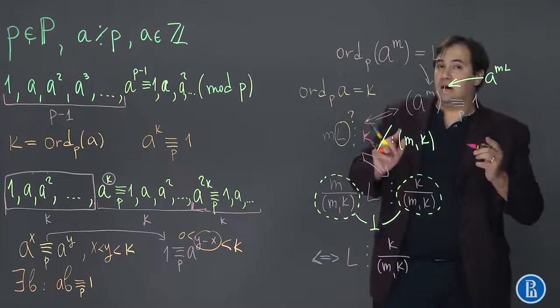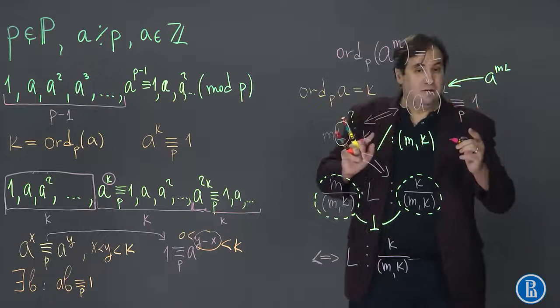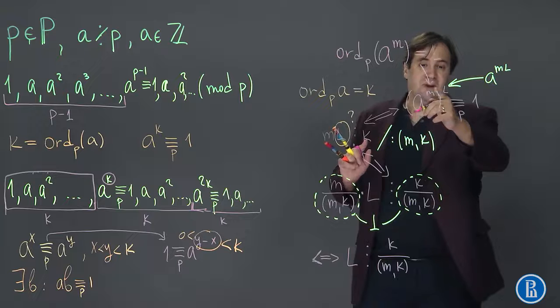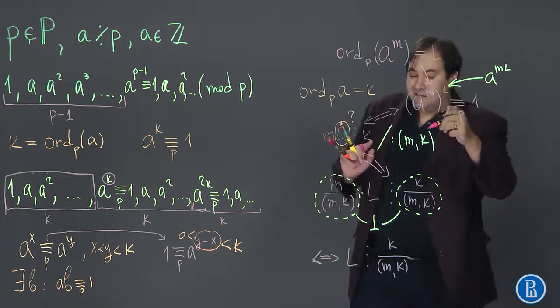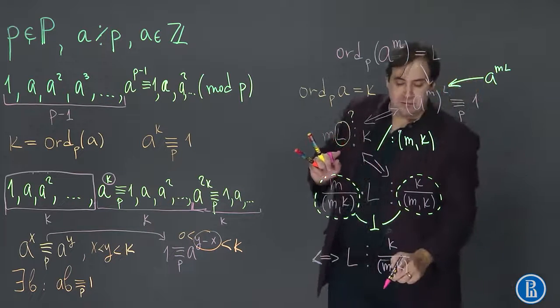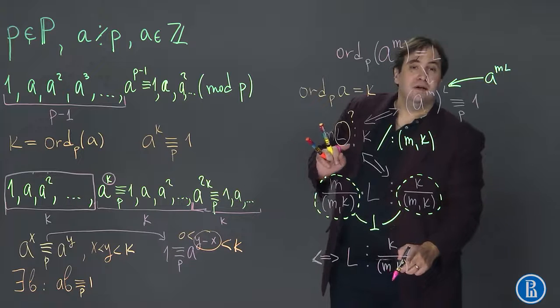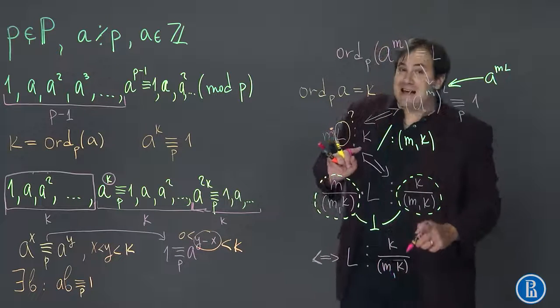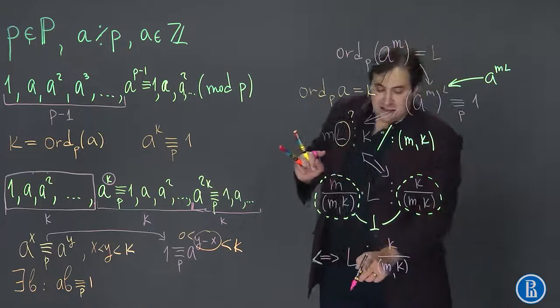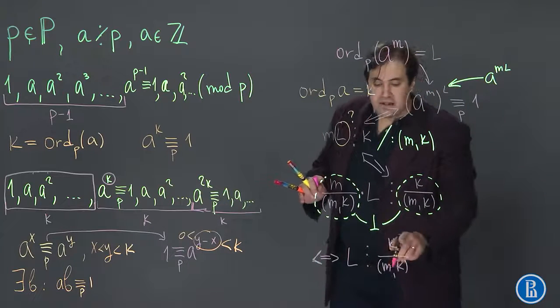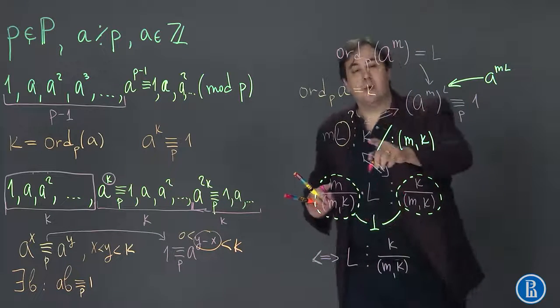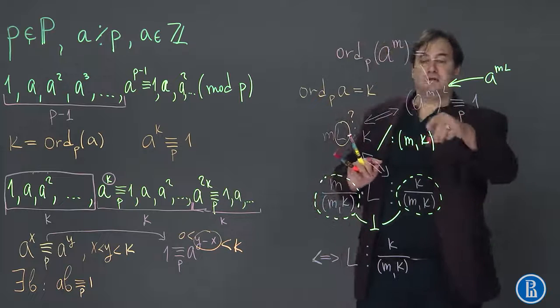So we understand that all powers L such that a to the power of m, to the power of L, is congruent to 1 are divisible by k over GCD of m and k, and for any L such that this holds, going up, this also holds.